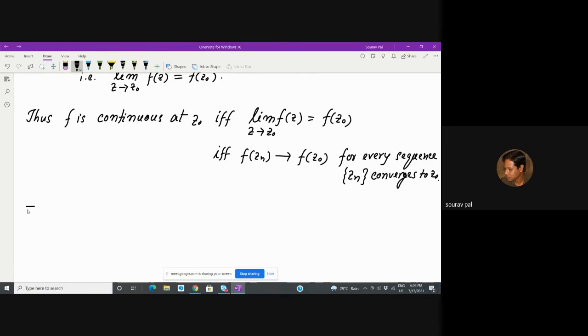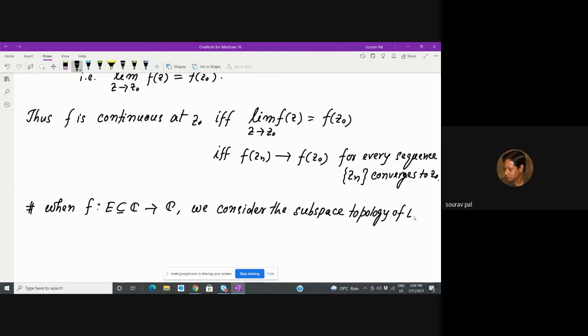Now, if f is defined on a subset E of C, we consider the subspace topology of E. That means, whenever there is a neighborhood on the left-hand side, you put an intersection with E, like what we have done in the case of limit, right?